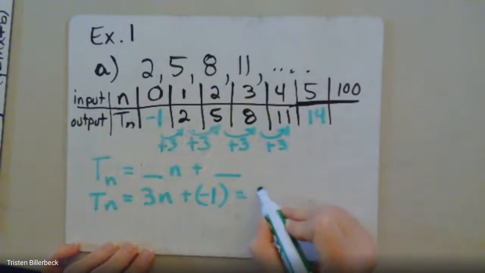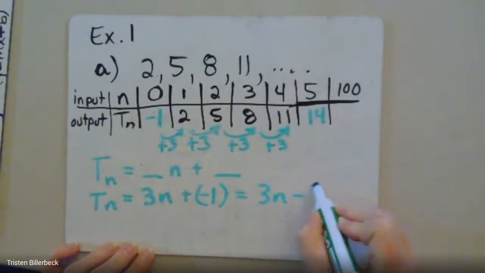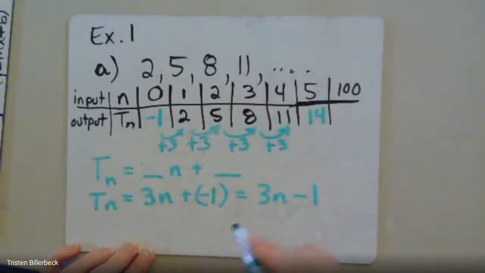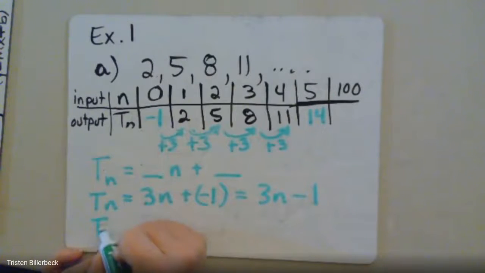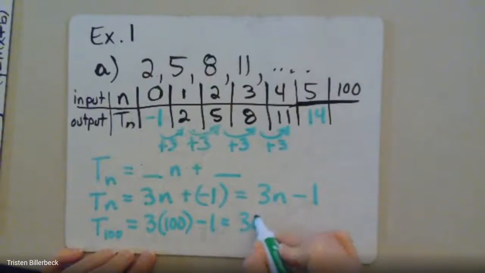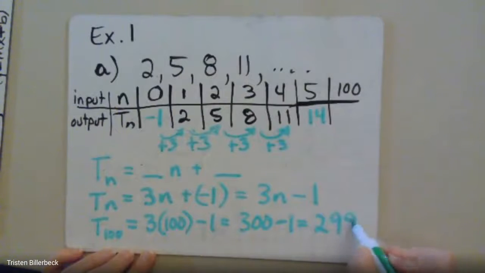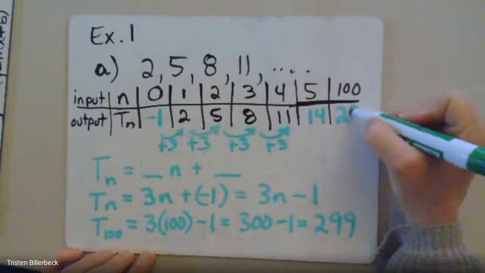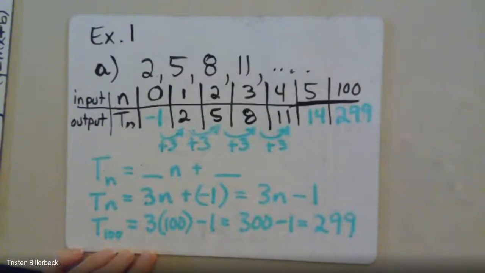So this is going to be 3n minus 1. Now to find T100, the 100th term, I can say 3 times 100 minus 1. So that's 300 minus 1 equals 299. So now I know it's going to be 299.